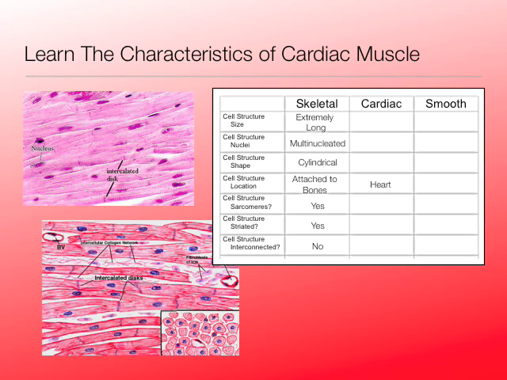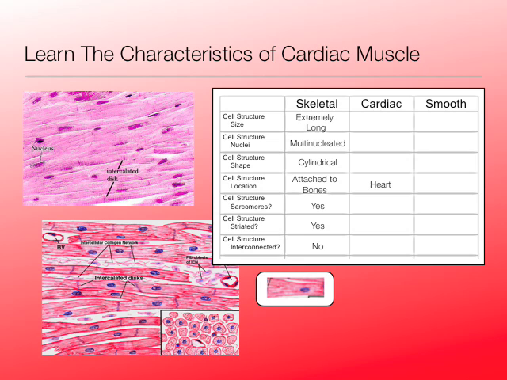Skeletal fibers are really long, but what's really different here is they're sort of branched. You don't have individual separate ones, you have them connecting. If you look at a single muscle cell, the cardiac muscle cells are individual.